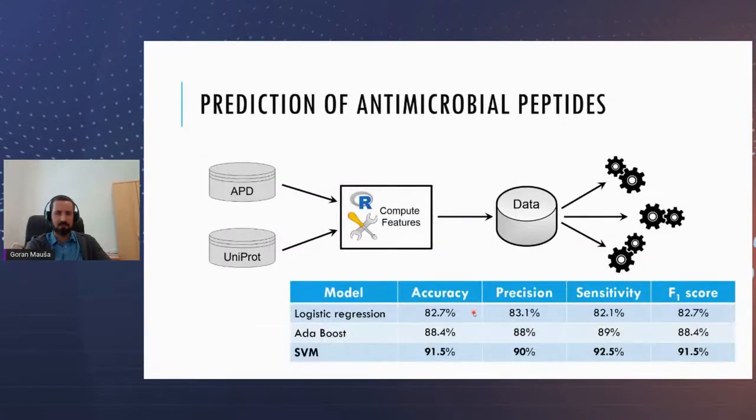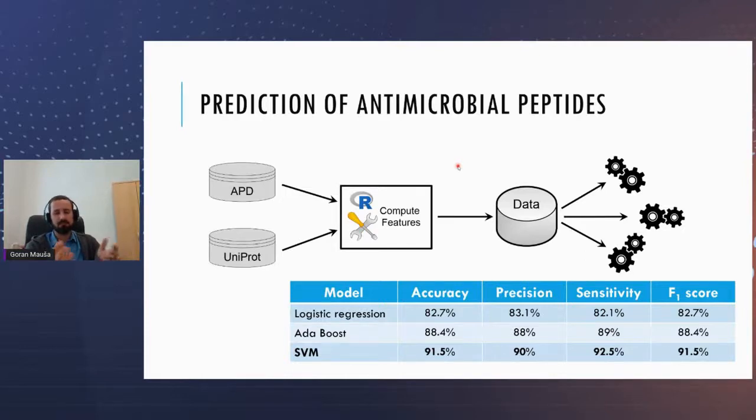We also did a similar experiment, but with a different property, and that is the antimicrobial property. So we're, again, taking positive and negative instances. This time we had to collect them from two different sources. We have around 10,000 of them. We used another package that allows us to extract 66 features this time, so much more complex, like compositional properties, electrical properties, and others.